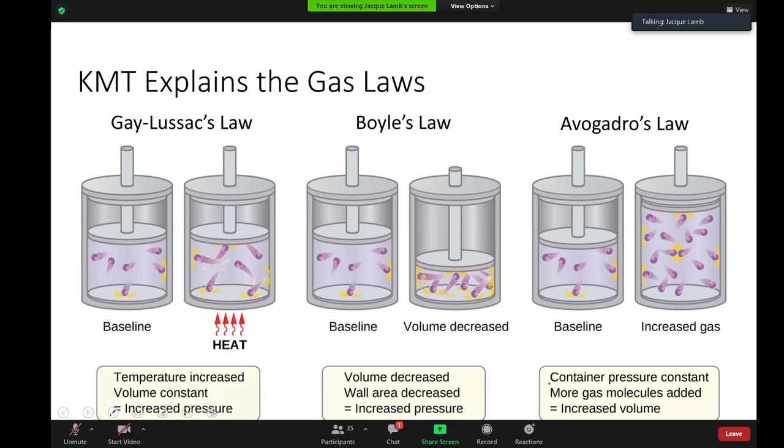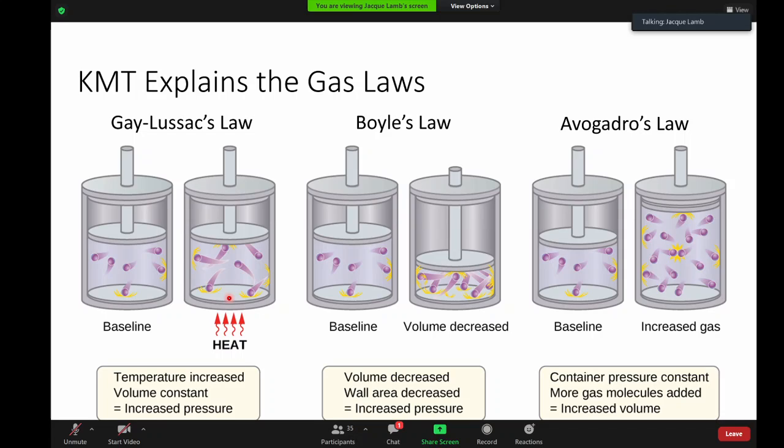So let's look at how kinetic molecular theory explains the gas laws that we've talked about. So we'll talk about Gay-Lussac's law. Remember that in Gay-Lussac's law, we had pressure and temperature changing, but volume was constant and the number of moles of gas were constant. So if this is our baseline and we increase the heat, we said that the average kinetic energy was proportional to temperature.